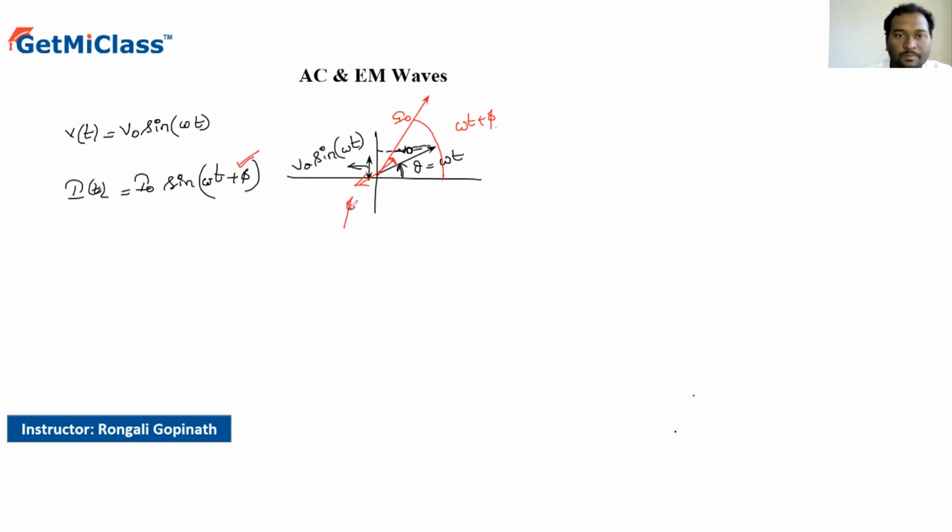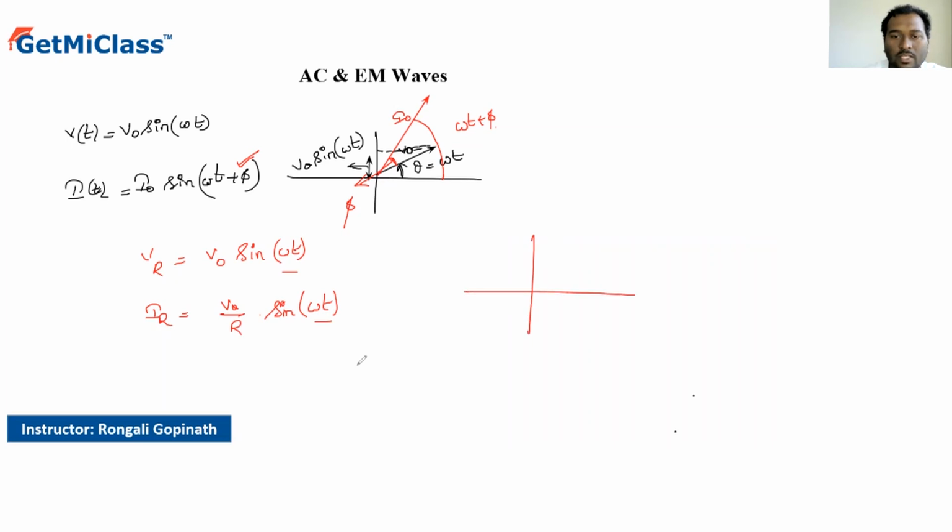So for a resistance connected to an AC source, how would the phasor diagram look? We have seen that the voltage across the resistor is the voltage of the source, V naught sine of omega t, whereas the current passing through the resistor, I_R, is equal to V naught by R into sine of omega t. We can see that the phase of voltage and current is the same.